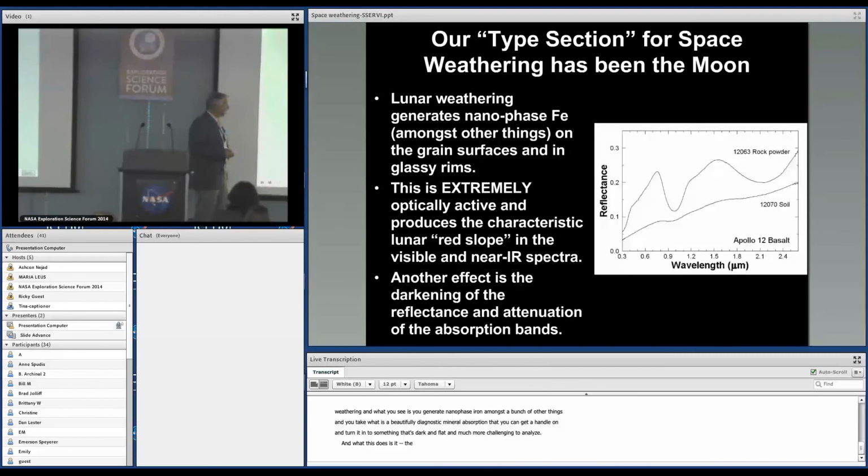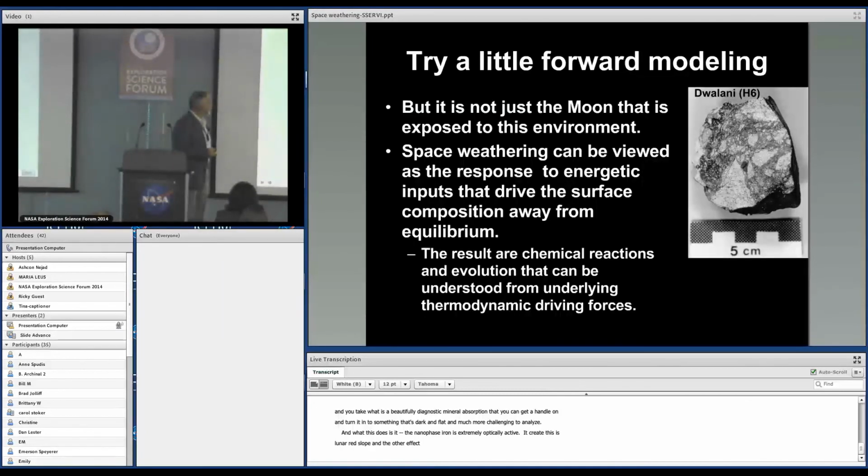The nanophase iron is extremely optically active, and so it creates this lunar red slope. The other effect, of course, is darkening. And it makes things very difficult to analyze remotely.